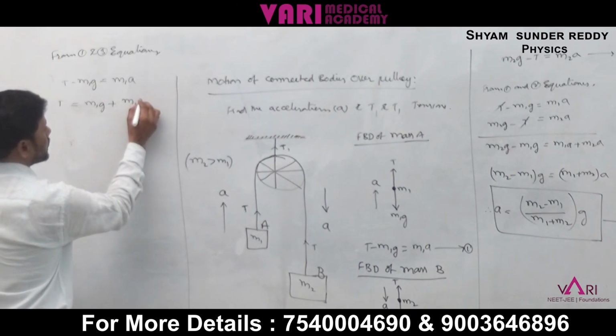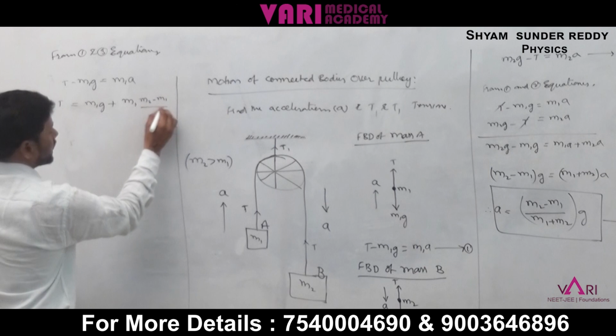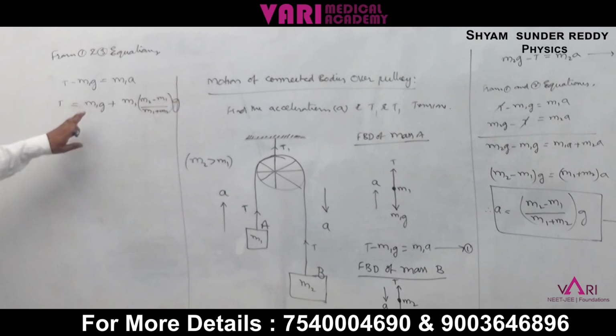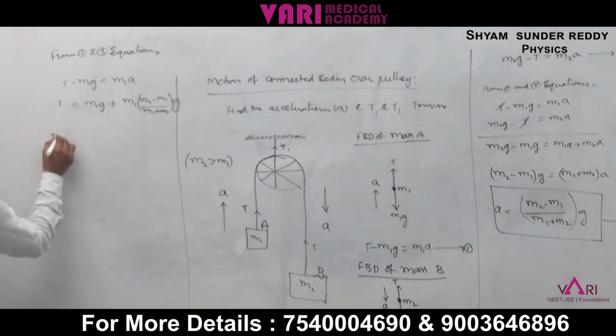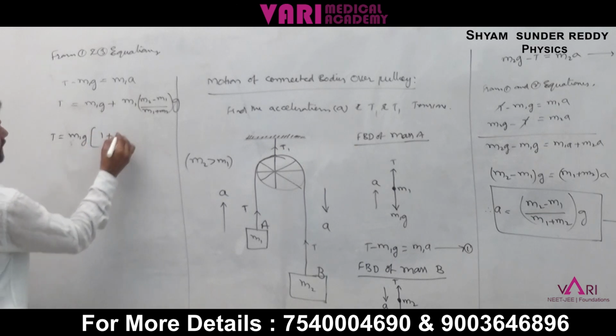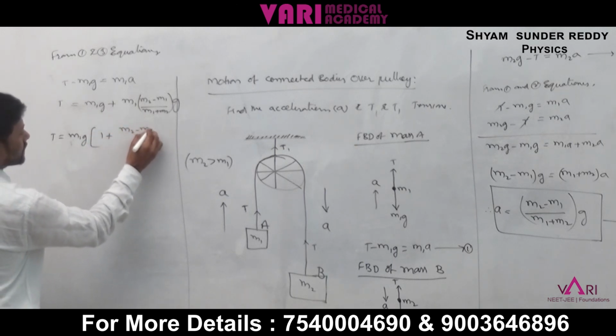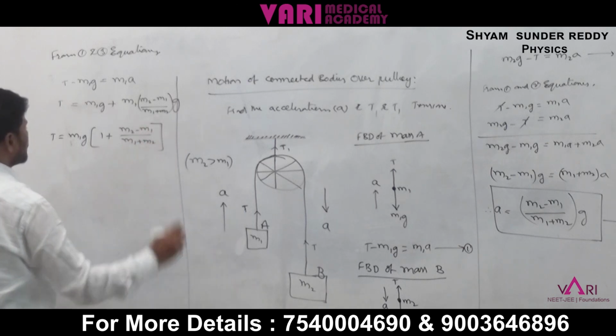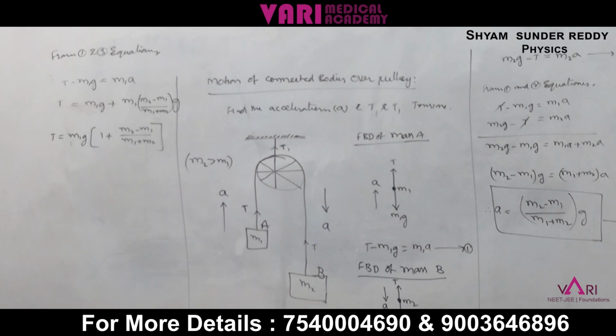Taking m1g as common, T is equal to m1g into 1 plus m2 minus m1 by m1 plus m2.